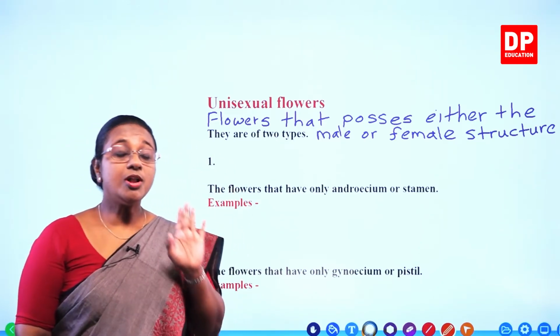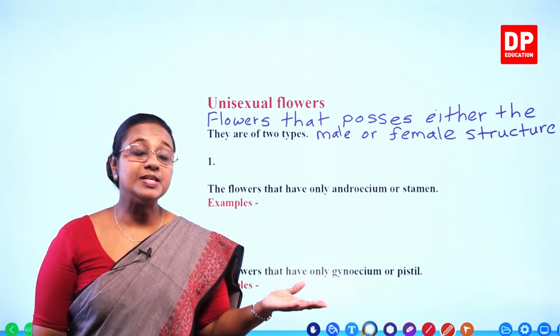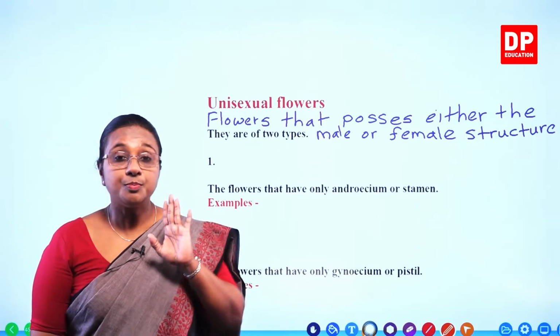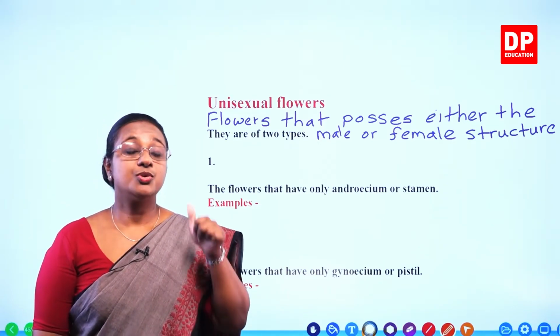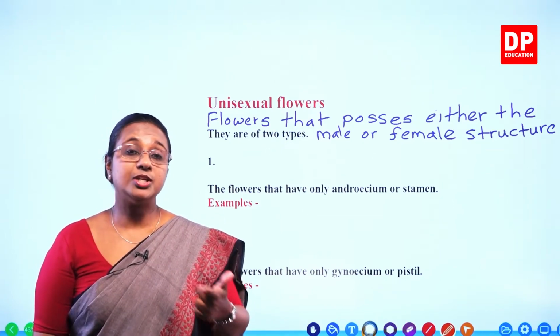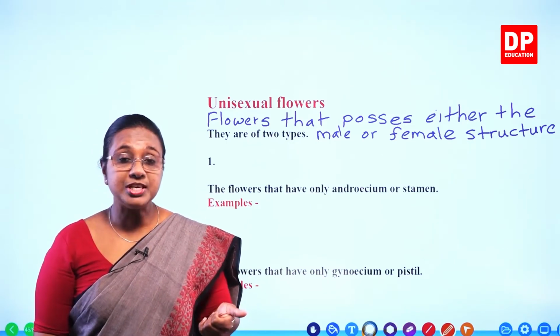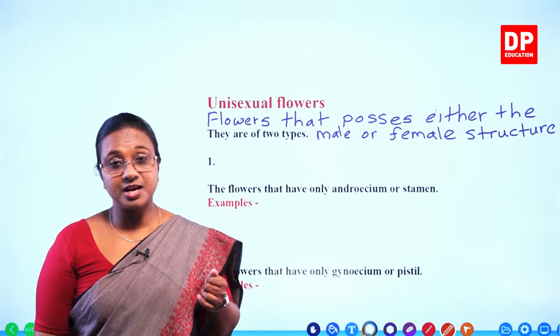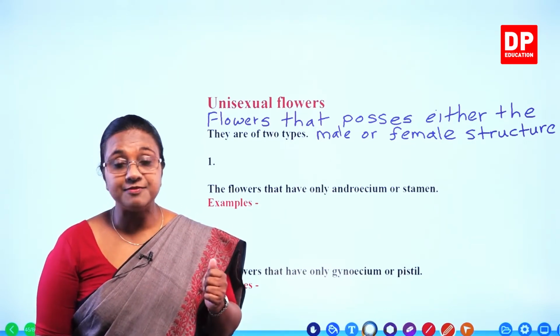Now as I told you all, they only have either the androecium or gynoecium or pistil or stamen. So based on that, there will be two types of flowers. One is staminate flower, the other one is going to be pistillate flower. So if they have the androecium or the male reproductive structure, which is known as the stamen, we call it the staminate flower.